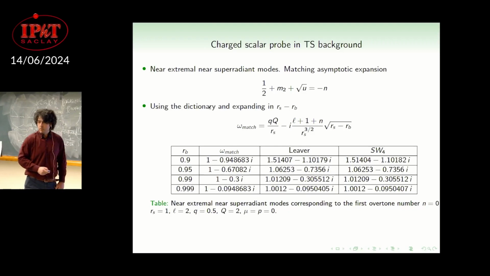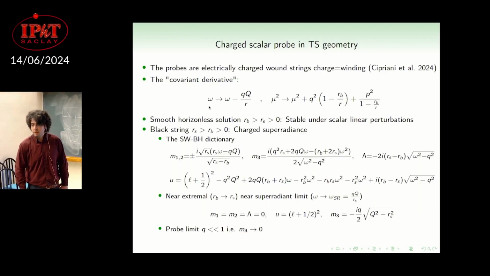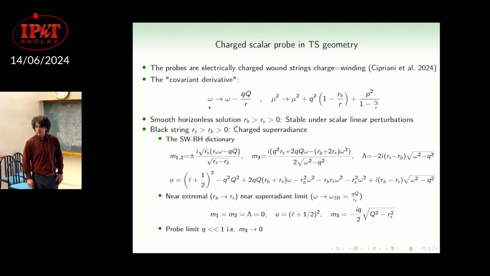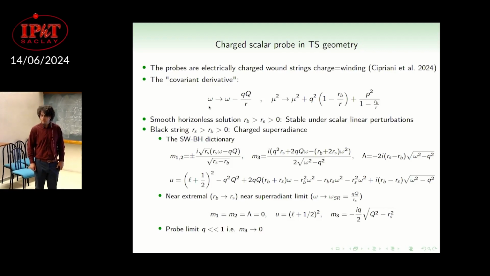Just a question on the previous slide. You said that there is no natural way to couple wound strings to the geometry. No, in general, there is not a way to couple an extended object minimally. This string is wound on the circle, the spatial circle.